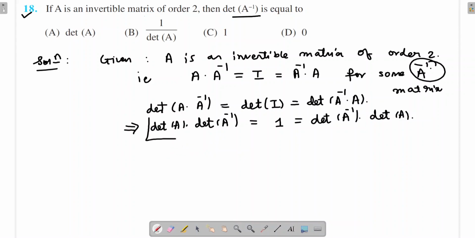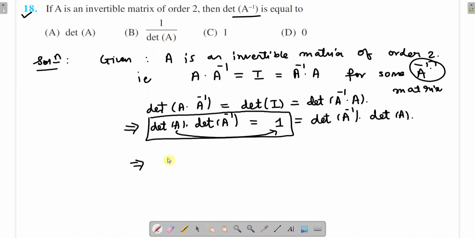Now we will only use this one equation. Actually both are the same. Even if you take determinant of A inverse times determinant of A equal to 1, there is no problem. So we will take this equation. We want determinant of A inverse, so we can take determinant of A on this side.